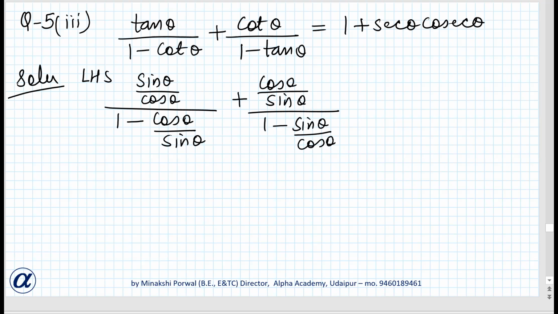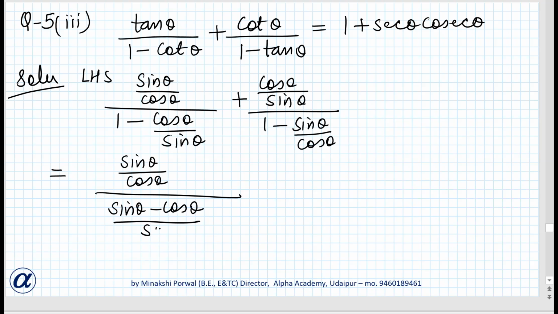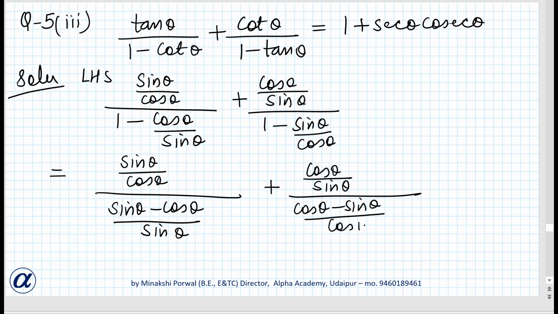Okay. Now this will be sine theta upon cos theta, and taking LCM in denominator, if I take sine theta as LCM, it will be sine theta minus cos theta upon sine theta, and this will be cos theta upon sin theta, and if I take LCM as cos theta in denominator, it will be cos theta minus sin theta upon cos theta.